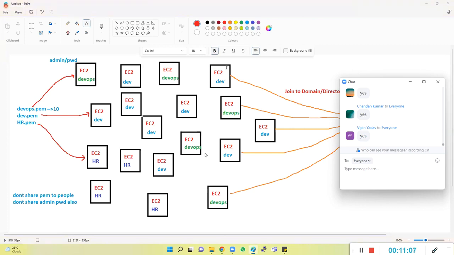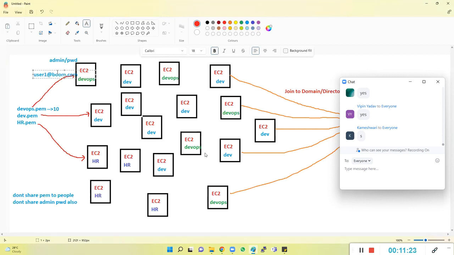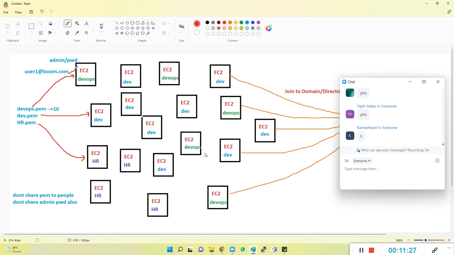Now user1 has to log into this DevOps machine, for example. Now tell me, does he have a username and password which is created here in the domain directory? Yes. So he has his own username and password. So he will be logging in as user1@boom.com into this EC2 instance. Does this user need to have the PEM file with him?